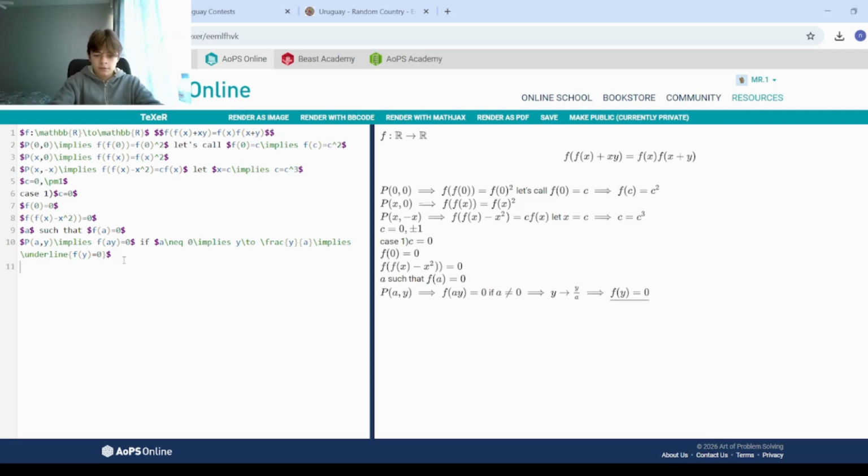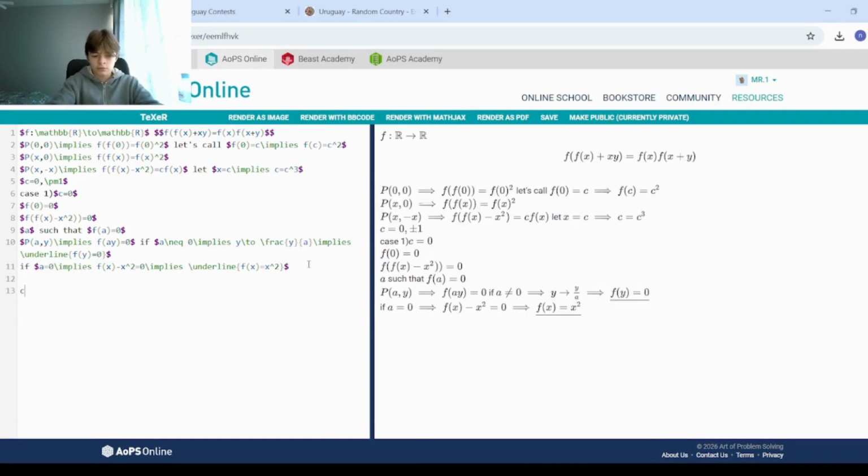But if a is equal to 0, then we have f(x) minus x squared is equal to 0, which implies that f(x) is equal to x squared. And this is one of the solutions also. Okay, so we have two solutions already in case 1.